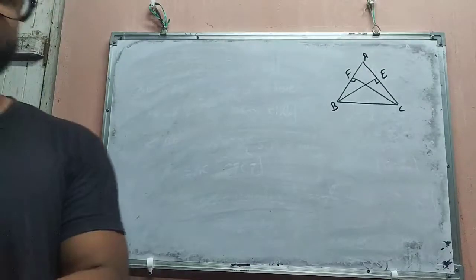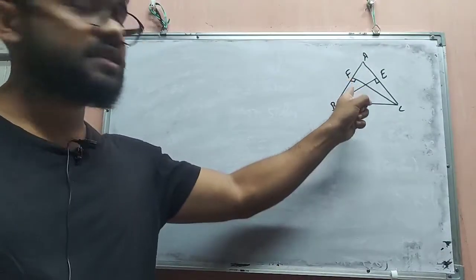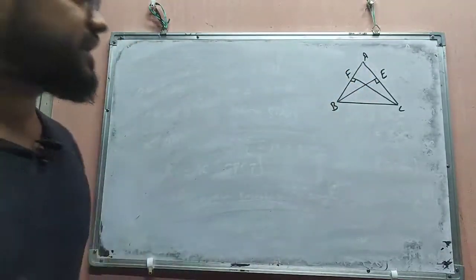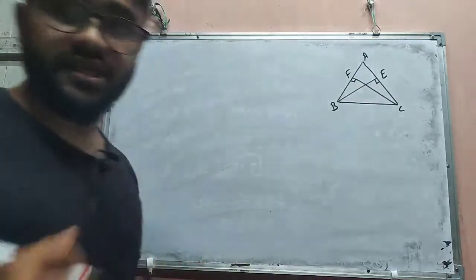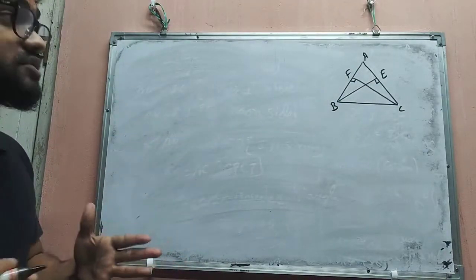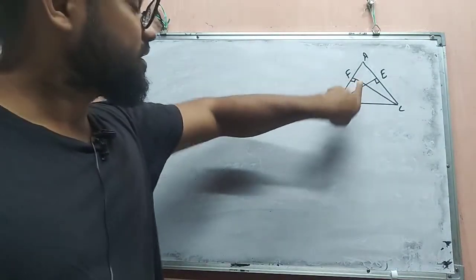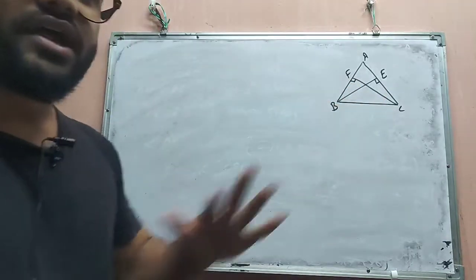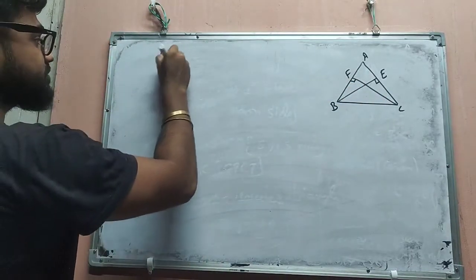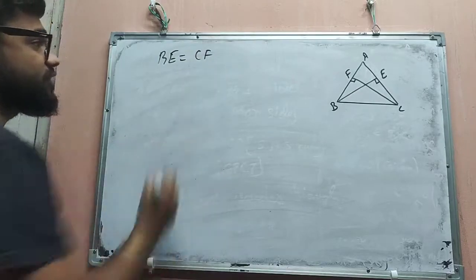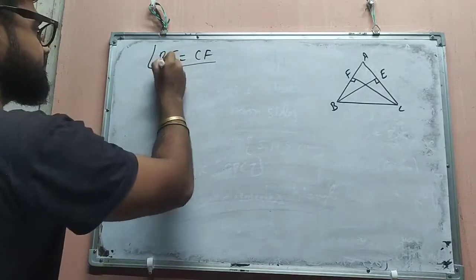Always remember, altitudes always make a 90-degree angle with the base. That's why these two angles are 90 degrees. Now we are asked to prove BE equal to CF.